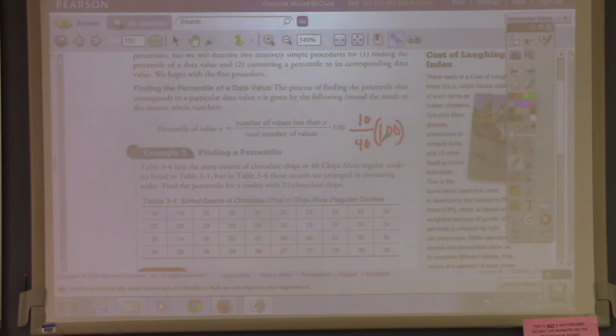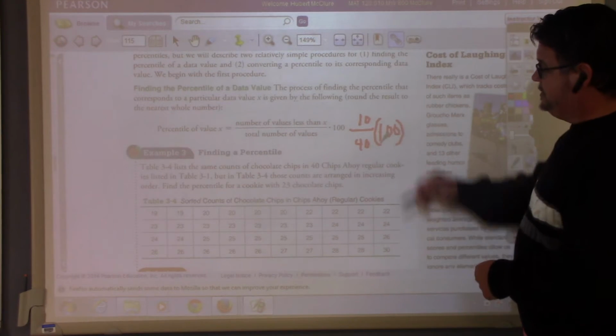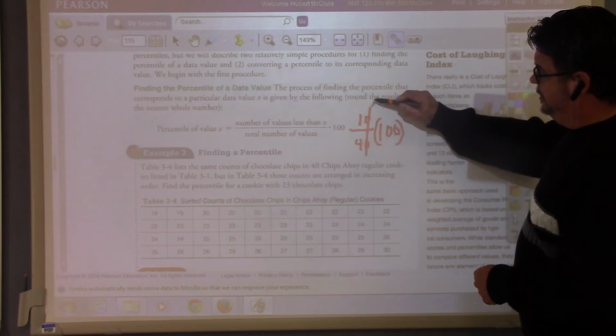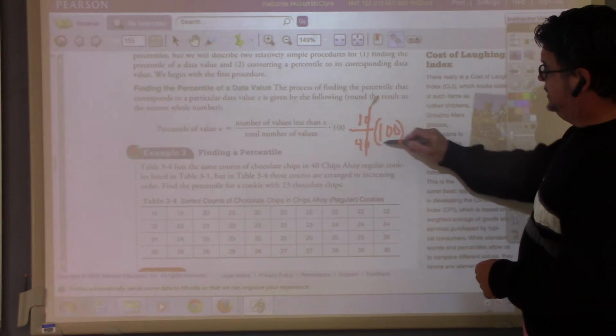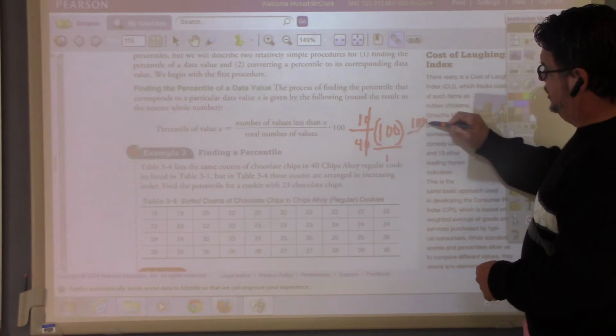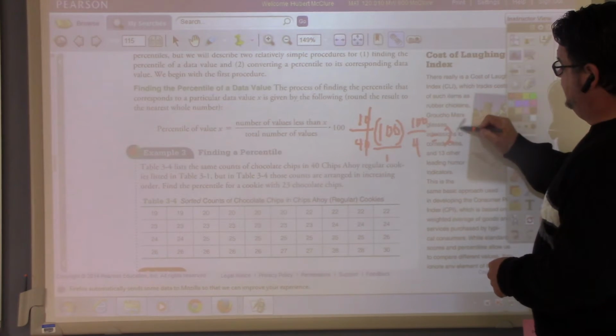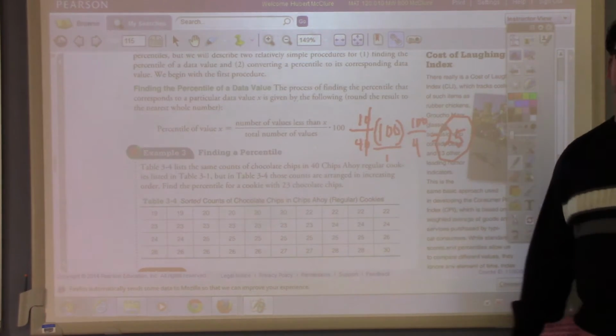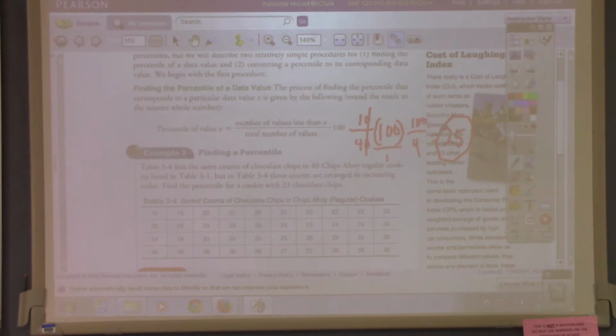It's at the 25th percentile. Because what happens to the zeros? They cancel. And this is 100 over 1. 100 times 1 is 100, over 4 is equal to 25. So 23 is at the 25th percentile.